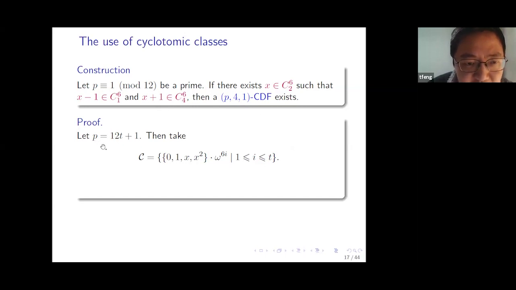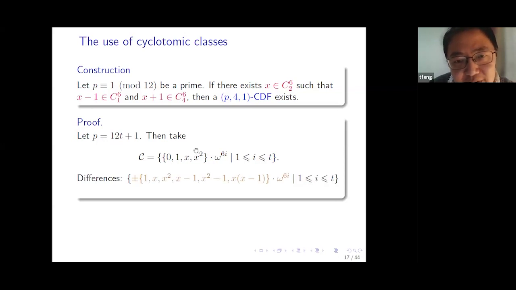There are p minus 1 non-zero elements, and each base block is of size 4, so it contributes 12 differences. So the number of base blocks is (p minus 1) over 12, which is t. So we need to construct t base blocks. Here we give an initial block, {0, 1, x, x squared}. This initial block can produce t base blocks, where the variable i ranges from 1 to t.